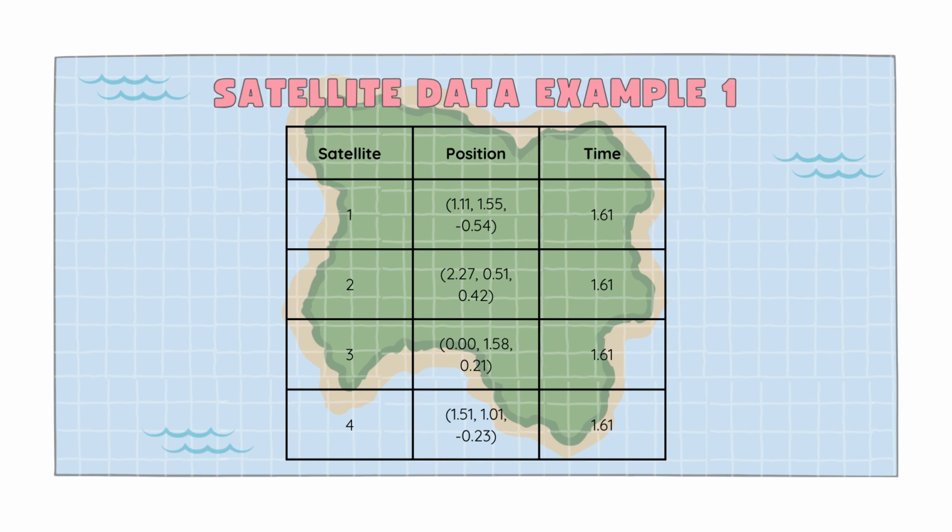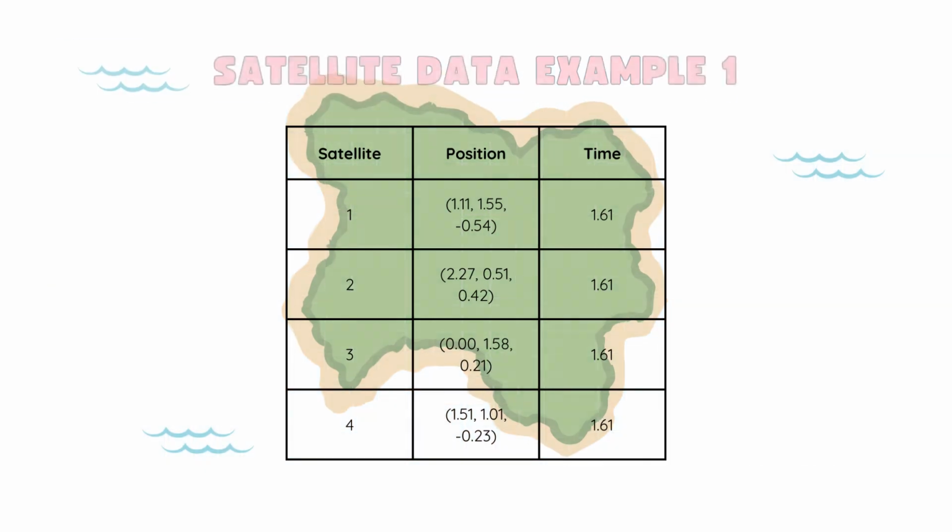And satellite 4 is at position X 1.51, Y 1.01, and Z minus 0.23. Our goal in the following slides is to calculate the values of x, y, z, and t.